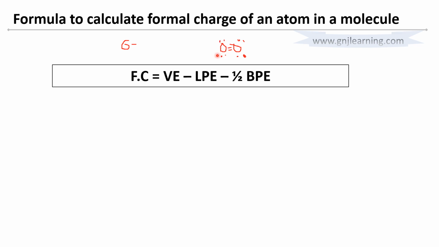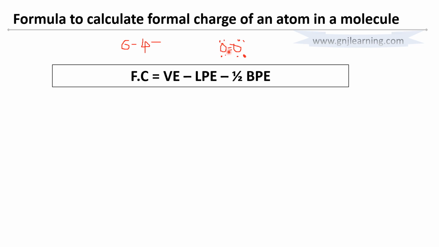If it is 2 lone pairs, then it is 4 lone pair electrons. So I am going to write down here, 4 lone pair electrons, minus, next is what? Next is half the bond pair electrons. For this oxygen atom, how many bond pairs are there in this molecule?